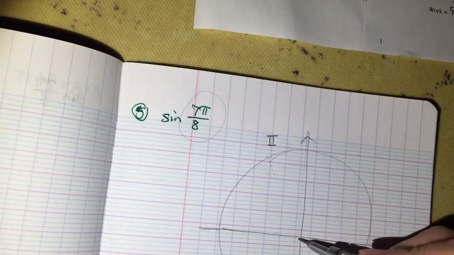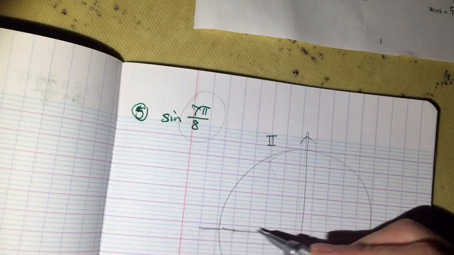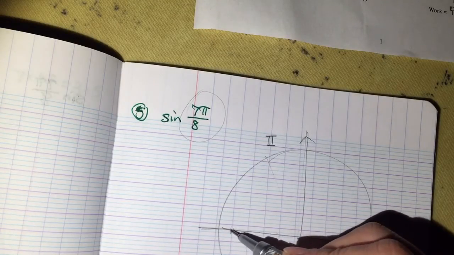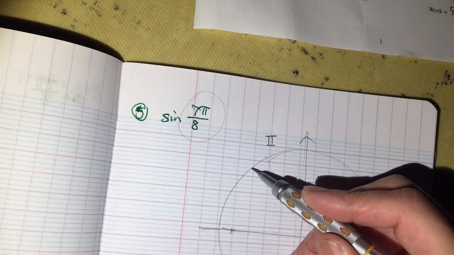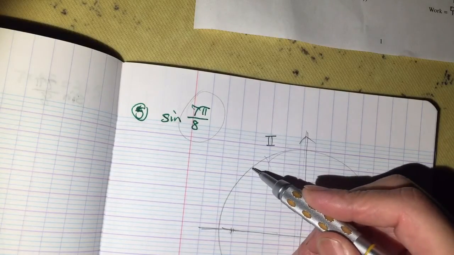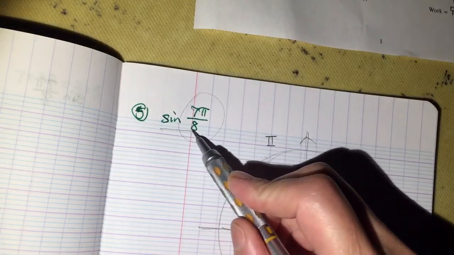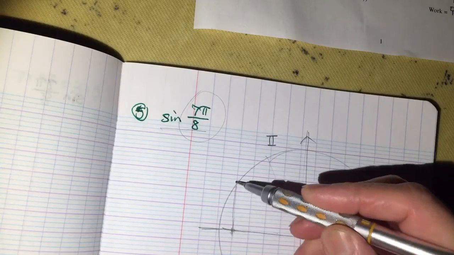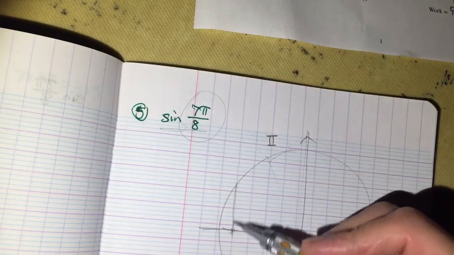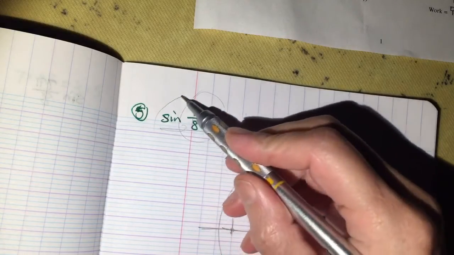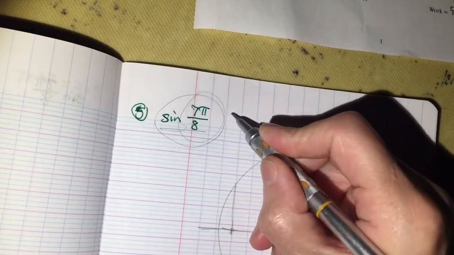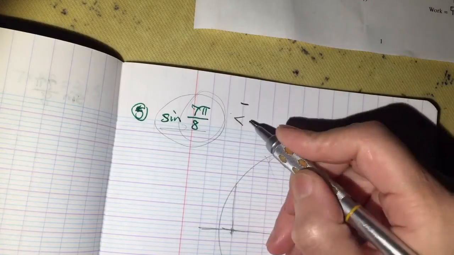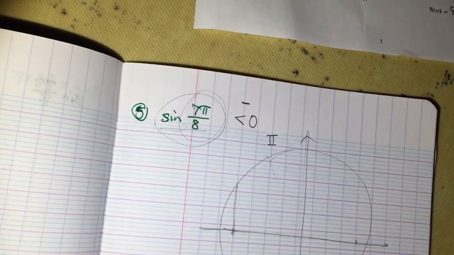In the second quadrant, the x value is negative and y value is positive. So we know the sine value is y, so the final value will be a positive value.